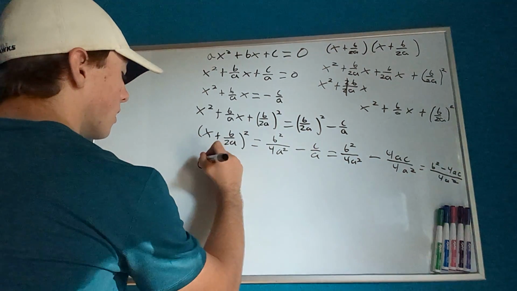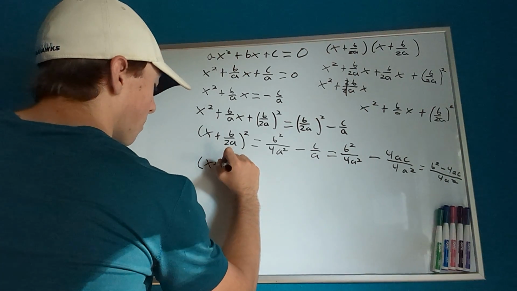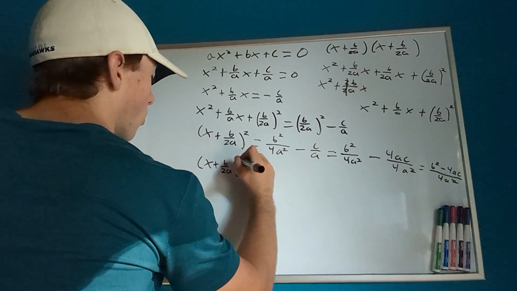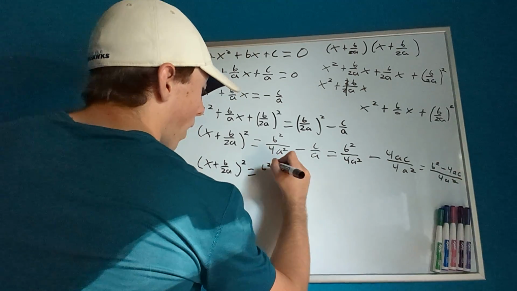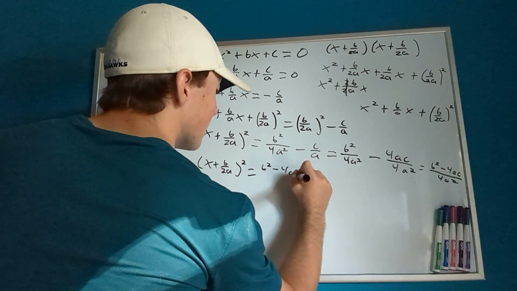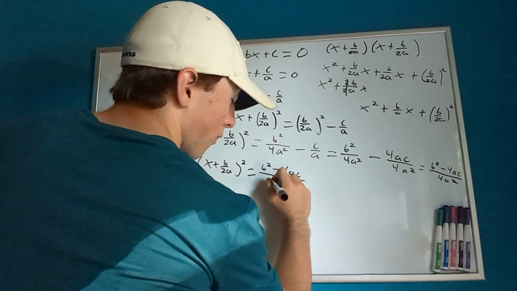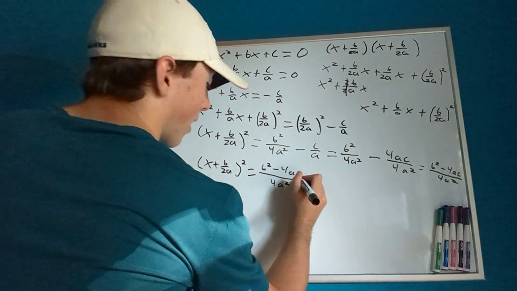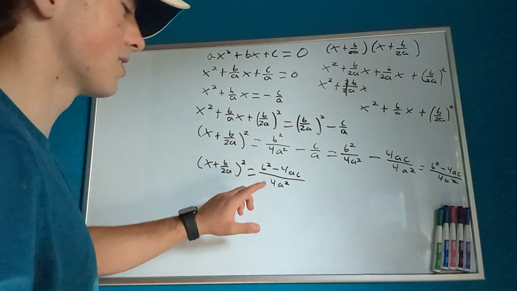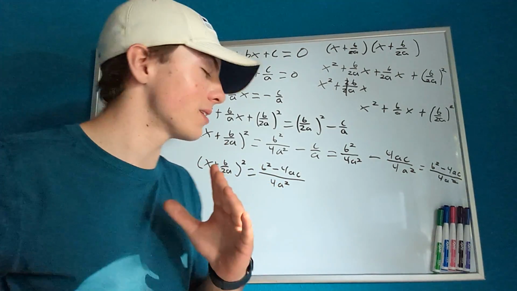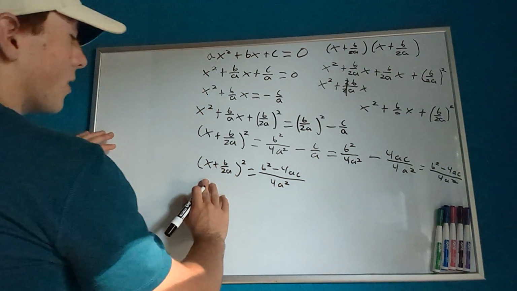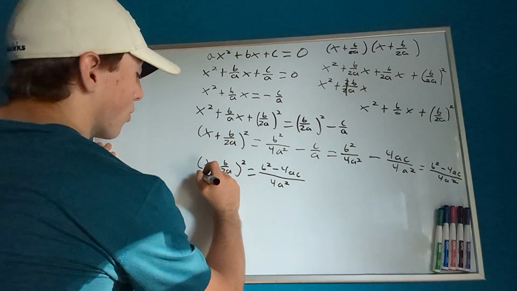So let's come back here and rewrite that. b over 2a squared equals b squared minus 4ac over 4a squared. Now, I think you're starting to see this is looking really close to the quadratic formula, and it's looking really nice. All right? Then, let's take the square root of both sides.